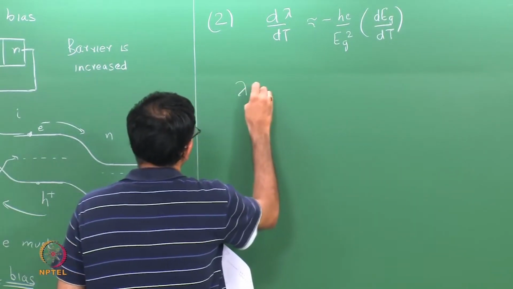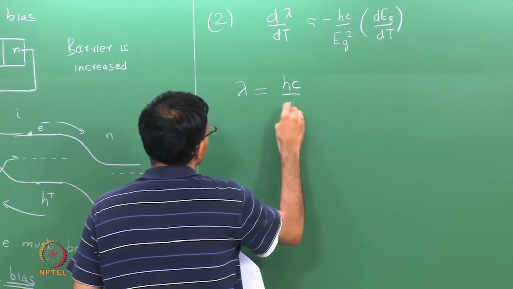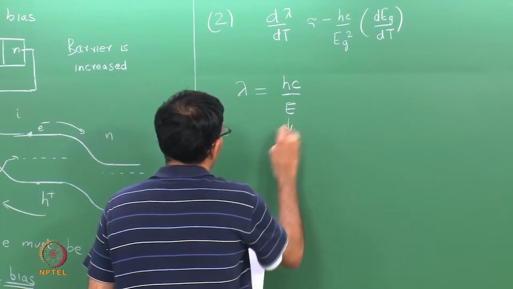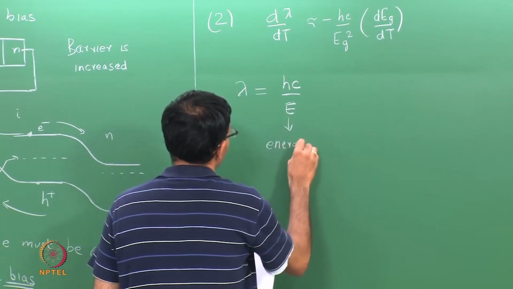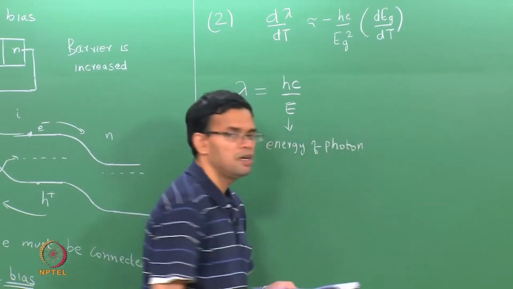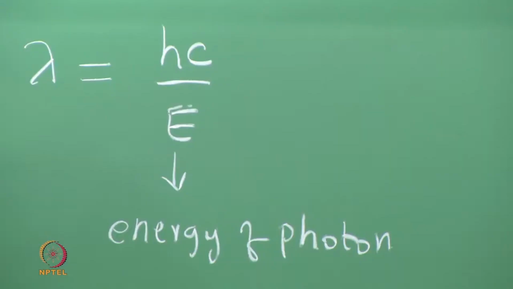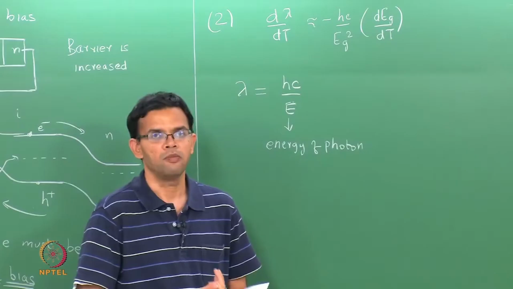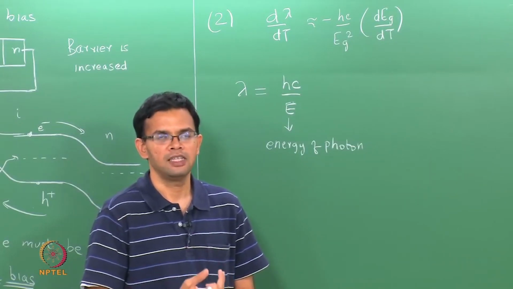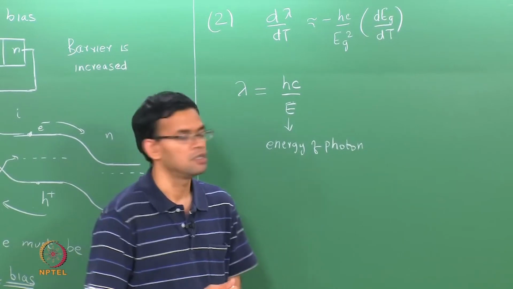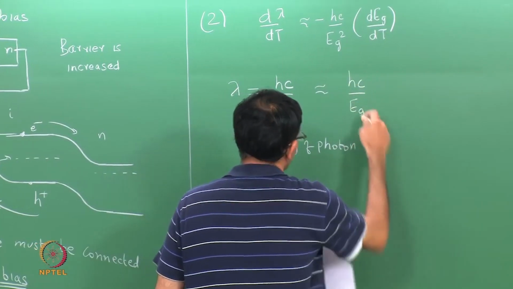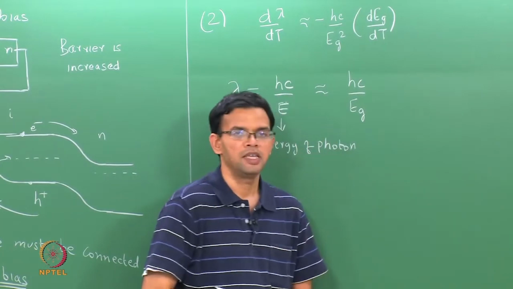So, lambda, which is the wavelength of the light, is equal to hc over E, where E is the energy of the photon. This in turn depends upon the energy of the electron and hole that are involved in recombination. This electron and hole is usually very close to the valence band edge and the conduction band edge, so this can be written approximately as hc divided by Eg.